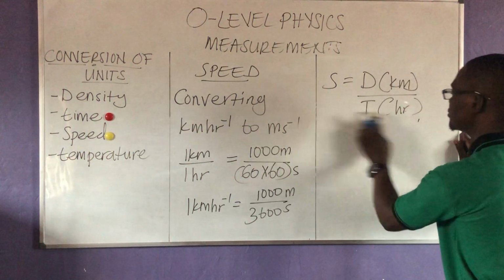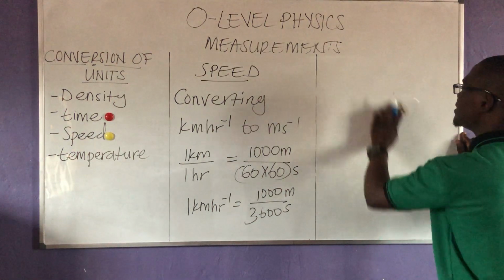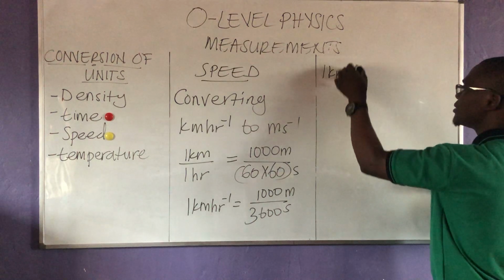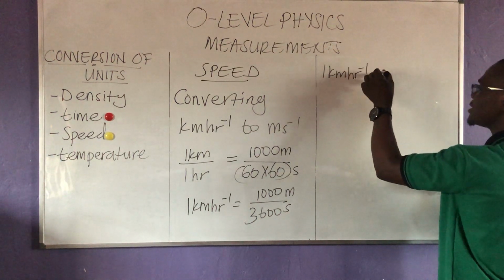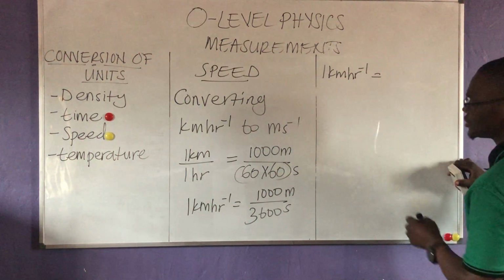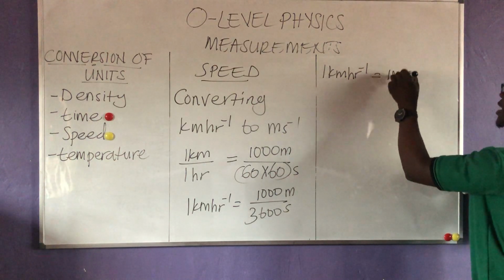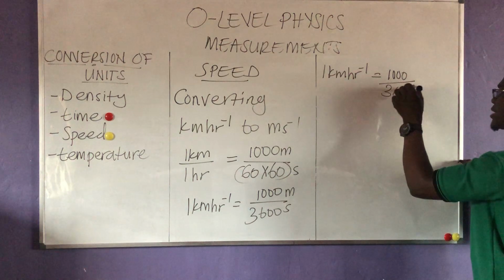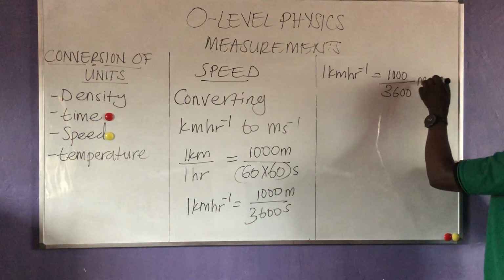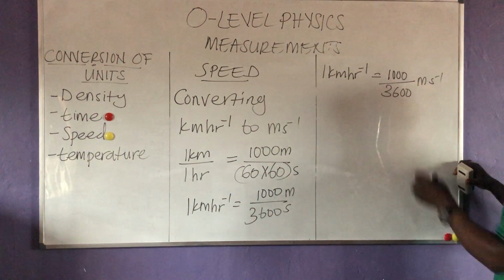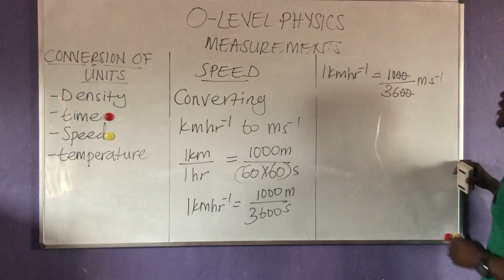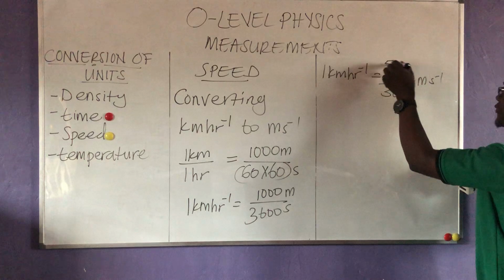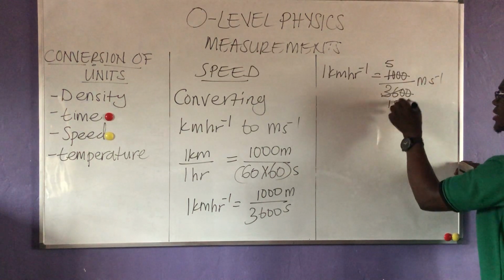And therefore, we shall conclude by saying that 1 kilometer per hour is equivalent to 1,000 over 3,600 meters per second. So we shall reduce, and then by 2, this is 5, by 2, this is 18.